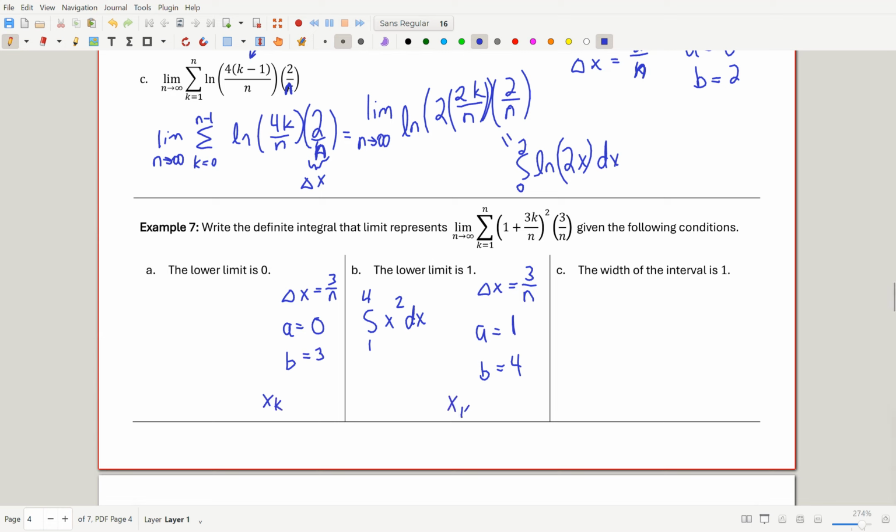In this case, xk was 1 plus 3k over n. Yeah, in this case, it has to be just 3k over n. So we have the integral from 0 to 3. Now look at our function. Our function isn't just xk squared. It's 1 plus xk squared dx.